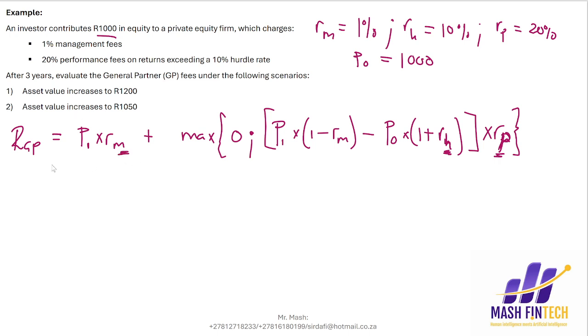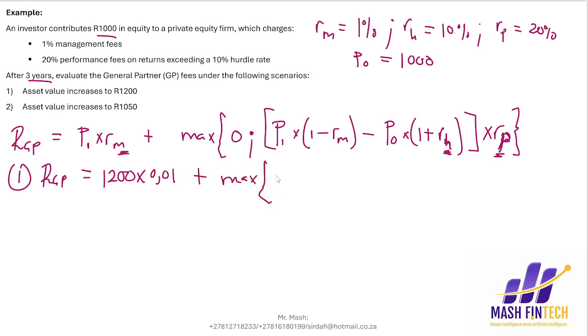Let's look at the first one. Question number 1. After these 3 years, our asset value is 1,200. So the return for GP, the GP fees, are going to be this 1,200 multiplied by the management fee, 1%. And then you add maximum of the two.